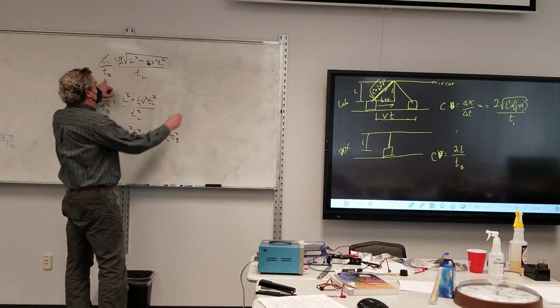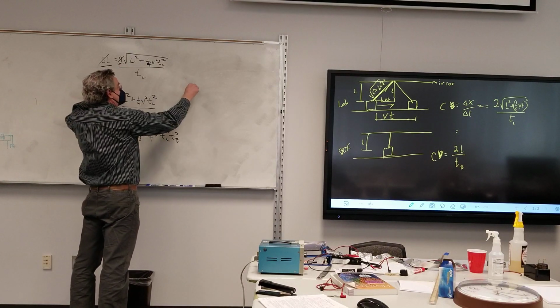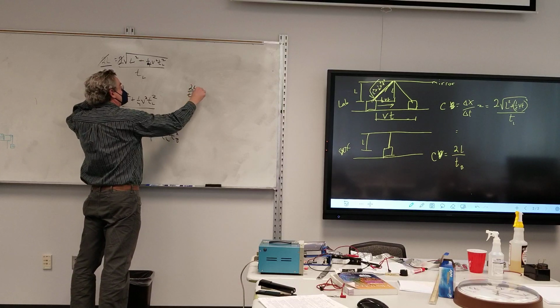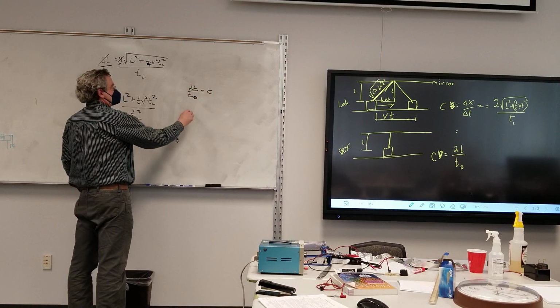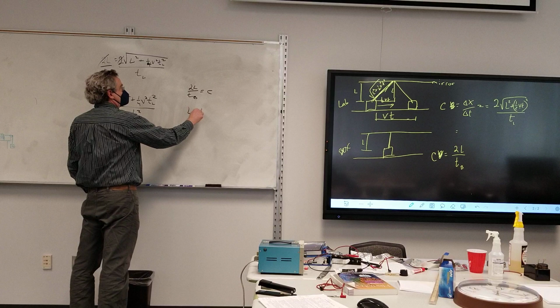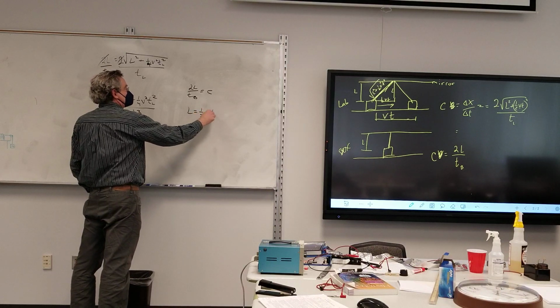I know from that equation up there that 2L over TB is equal to the speed of light. So L would be 1/2 C TB.